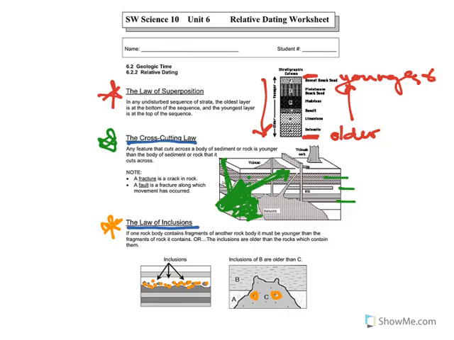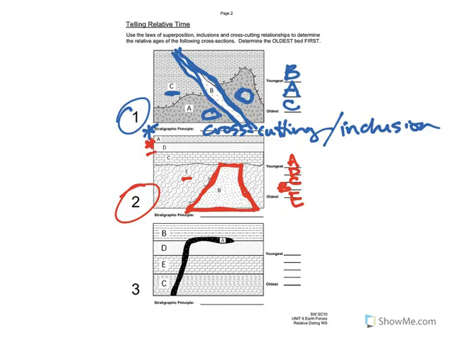We used the law of superposition, but what was really important towards the end there was the law of cross-cutting. Let's reference the cross-cutting law as being the one that was super important, especially once we got down to here. The law of superposition is also important. It's debatable, but for your answer, let's write cross-cutting.